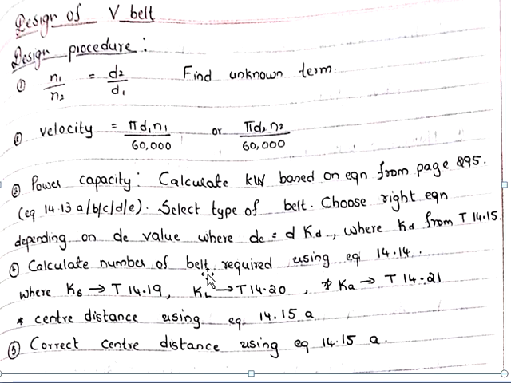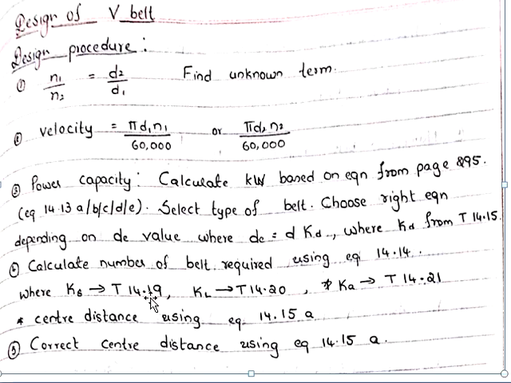Moving on to the fourth step, calculate the number of belts required using equation number 14.14. The equation is n dash is equal to P Ks divided by kW KL KA. You can get this equation from the data book, equation number 14.14. In this equation, I need capital letter P, power. Power will be given in the question. Next term is Ks. Ks value you can obtain from table number 14.19.